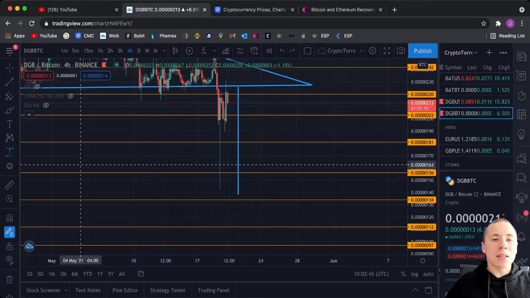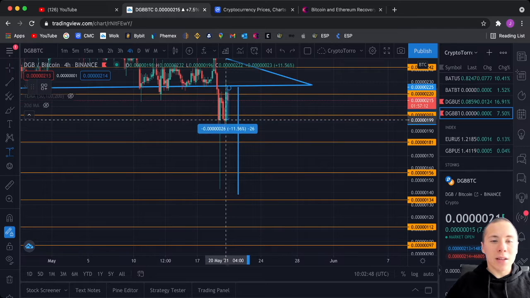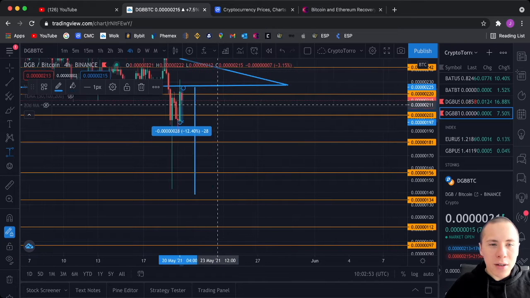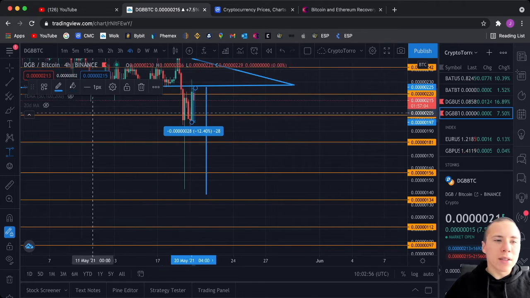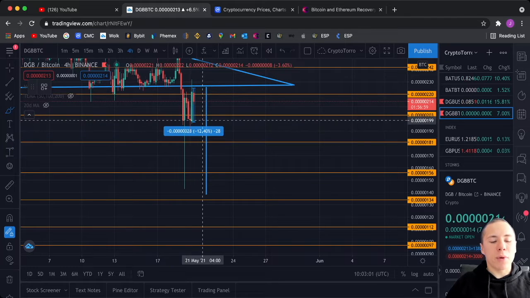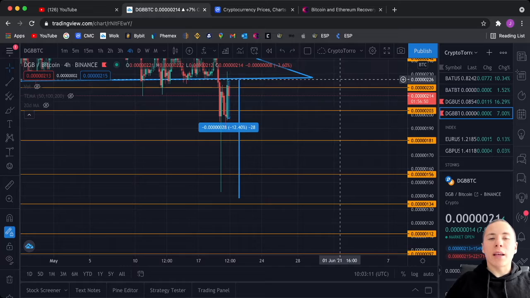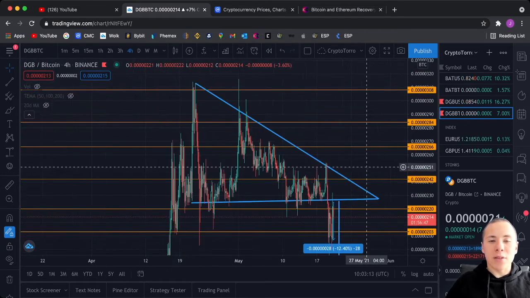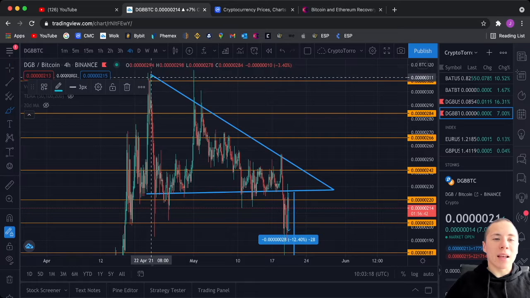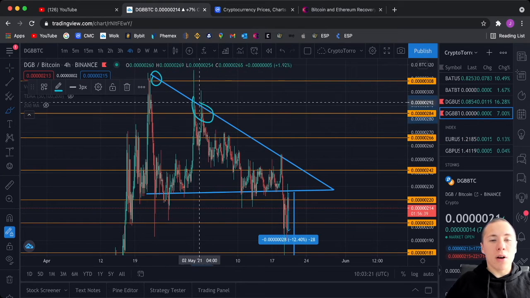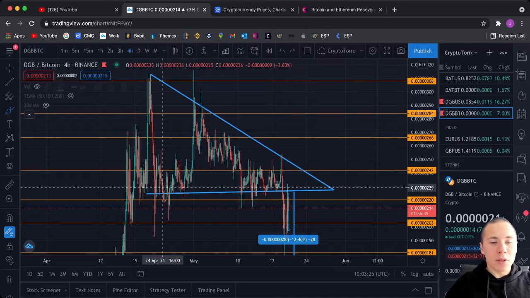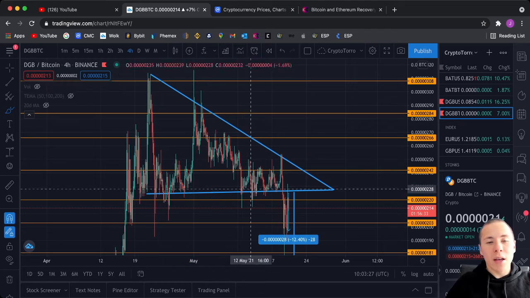And what you are seeing right now is that Digibyte actually found support on top of this level over here. It's trading currently above it in between these two levels, and had just a small correction of 12% after breaking out of this quite significant descending triangle with many touch points on the upper descending resistance line over here, and as well over here, but it also had several touch points down below, as you could see over here, and as well over here.